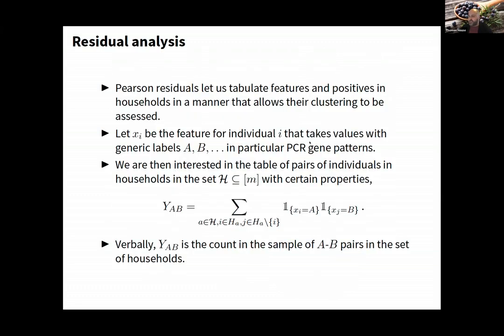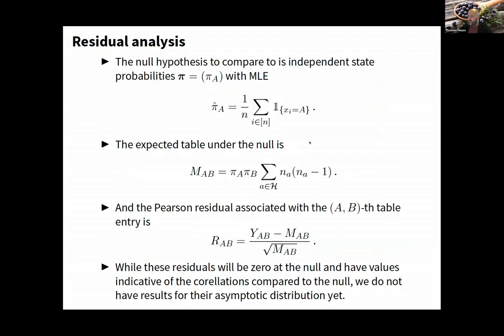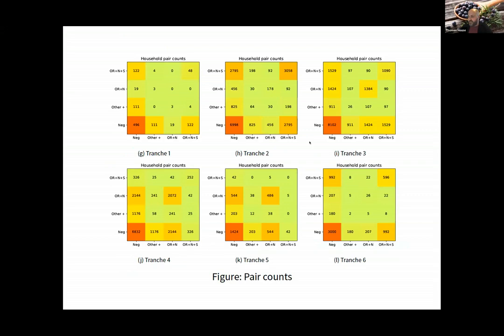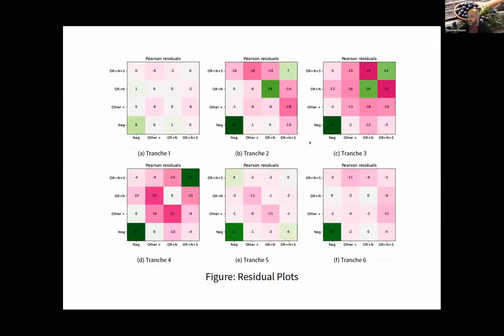Okay. So then we did this residual analysis, and residuals let us tabulate features of positives in households in a way that lets us look at how they cluster in the household, right? These are just definitions of Pearson residuals, but this was looking at the clustering of alpha and delta.